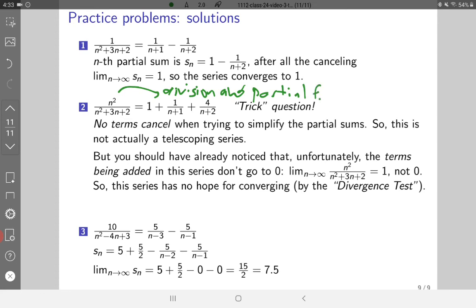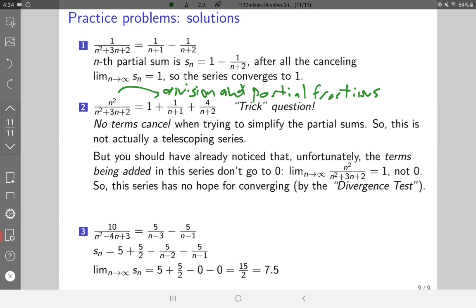Because they're tied for their highest power, I would have to do some polynomial division before attempting any partial fractions decomposing. And so you'd find that that rational expression in n can be written as this sum of 3 terms. And so you'll see that, in fact, no terms cancel, because all of those things are plus. They're 1 plus something plus something. So as I look at partial sums, I don't see any canceling happening at all.